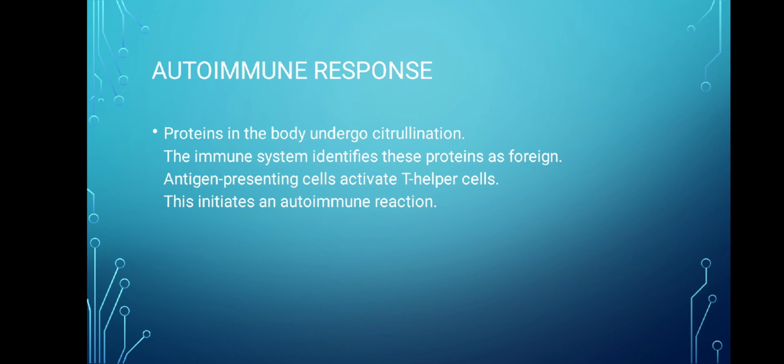However, in rheumatoid arthritis, proteins undergo a modification called citrullination, when the amino acid arginine is converted into citrulline. The immune system starts recognizing this citrullinated protein as a foreign substance. As a result, T helper cells become activated and initiate an autoimmune response.